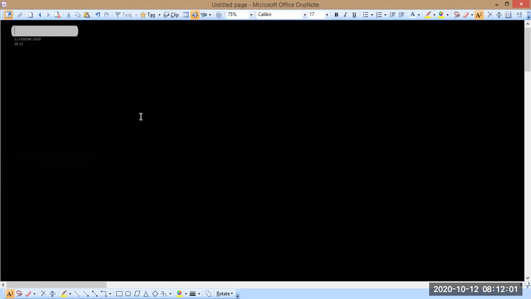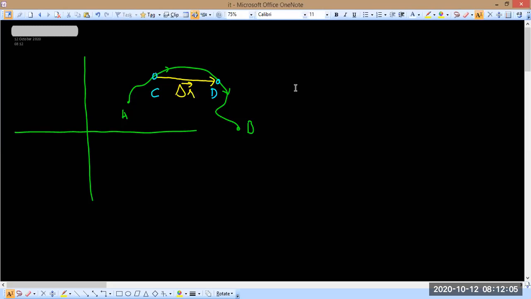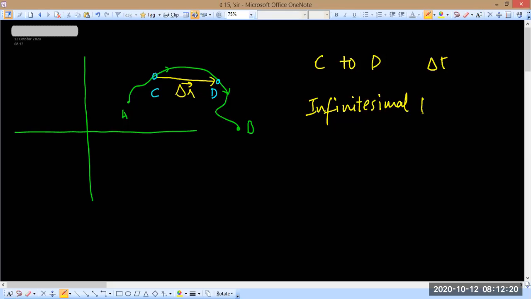I'm going to do that on a new page. Here it is. Now instead of taking from C to D, where we are getting a fairly long time interval, let's think of taking an infinitesimal time interval.